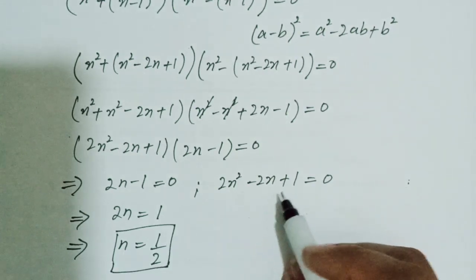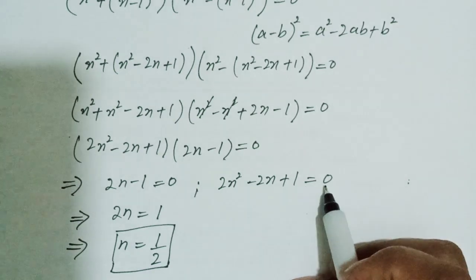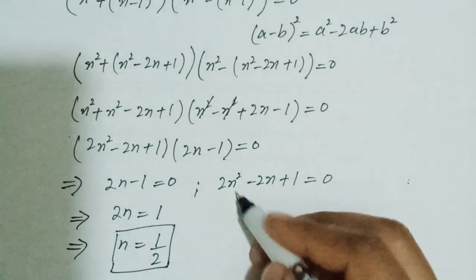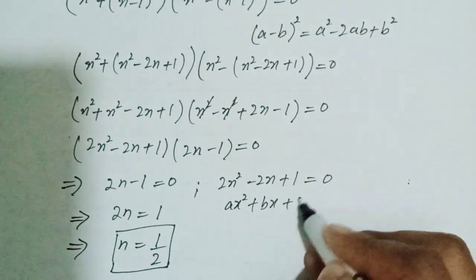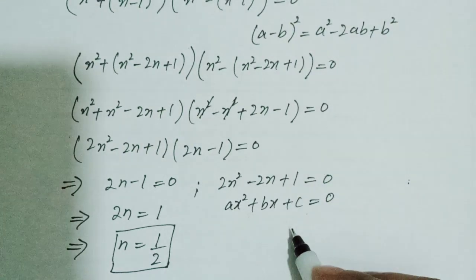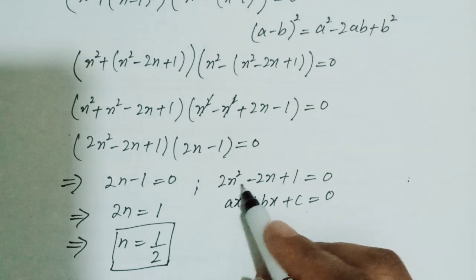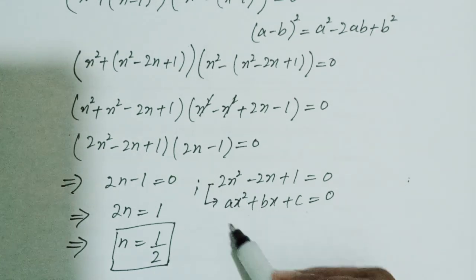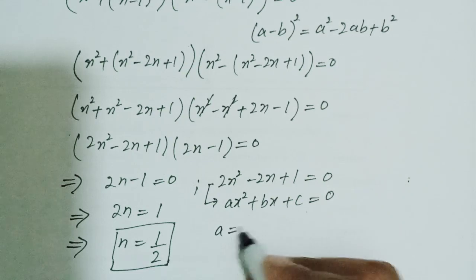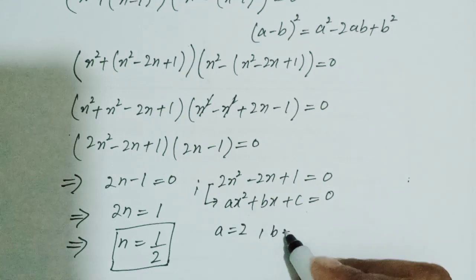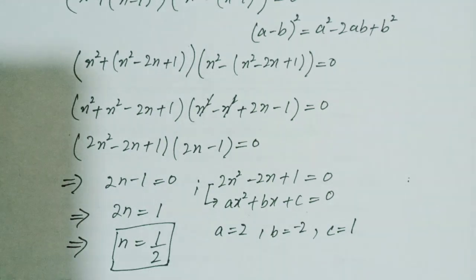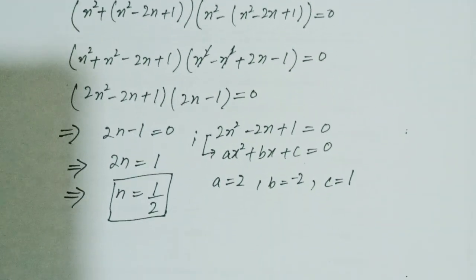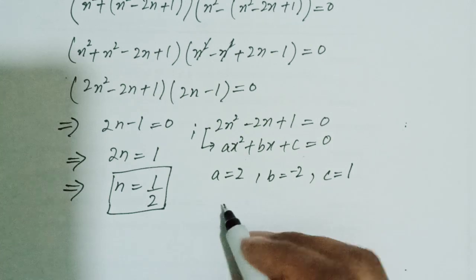So 2n square minus 2n plus 1 equals 0 is similar to ax square plus bx plus c equals 0. So by comparing this with this equation, I can write a equals 2, b equals minus 2, and c equals 1. Here I'm going to use the quadratic formula to prove this.